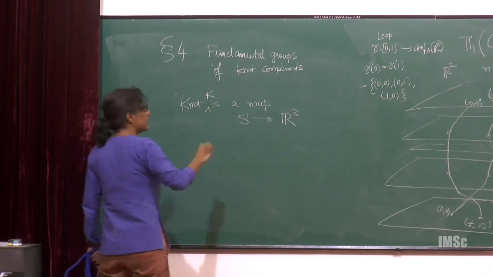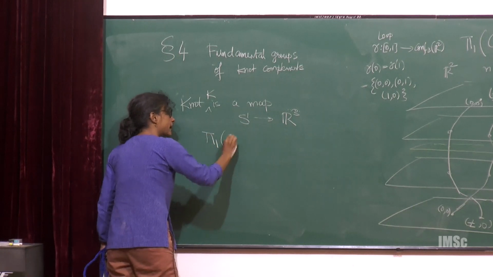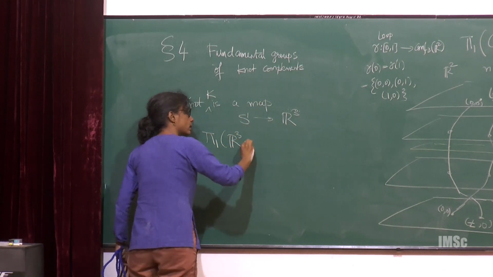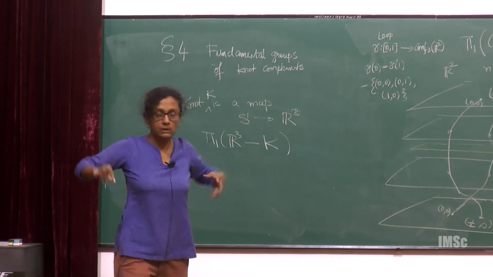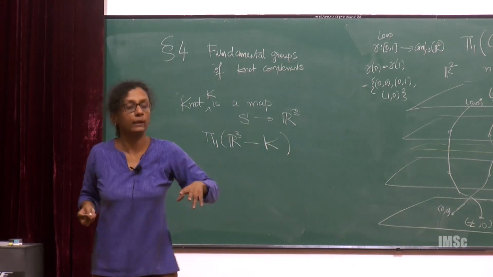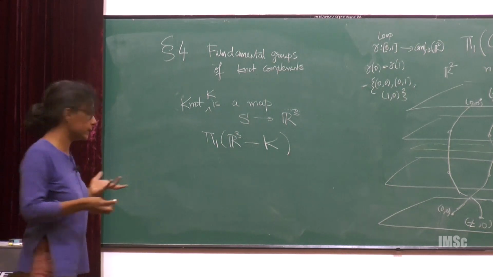You can study knots by looking at the pi1 of their complement. You take out the knot from the space and see what remains and look at the fundamental group of that. That gives you some interesting information about the knot itself.